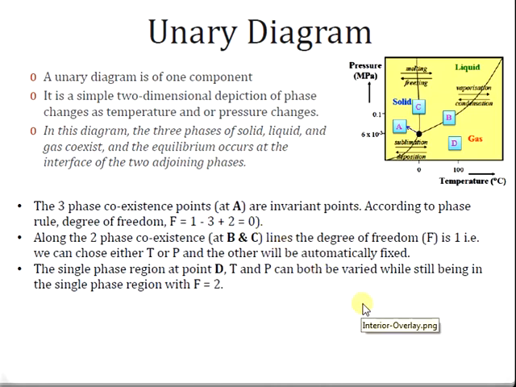That means here you have the freedom to choose both temperature and pressure, which can be varied. Still the system will be at an equilibrium state in a single phase region. So in a single phase region, you have the freedom to vary both temperature and pressure, and still the system will exist in the equilibrium state.